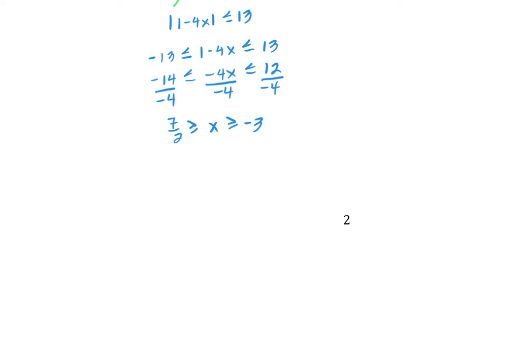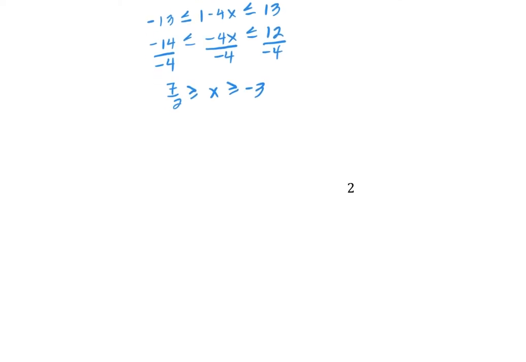That is correct, but typically we don't write our inequalities in that order. Remember, we're going to translate this inequality to an interval, and intervals are always small to large. So if I flip this around, this says negative 3 is less than or equal to x, which is less than or equal to 7 over 2.